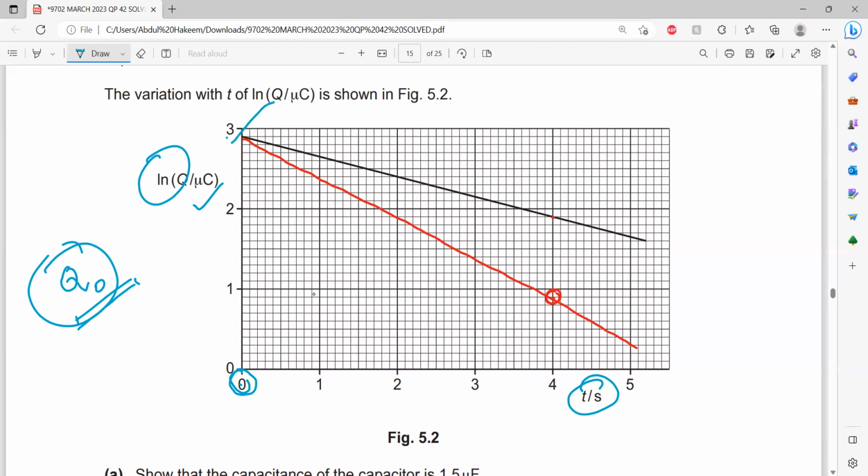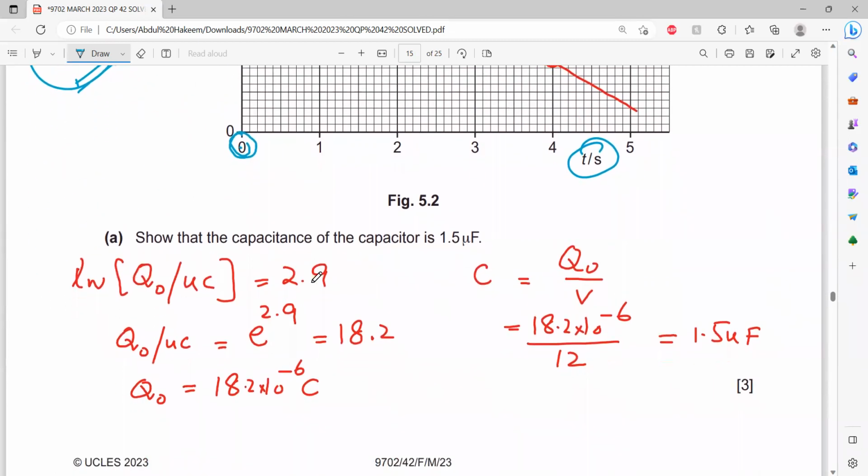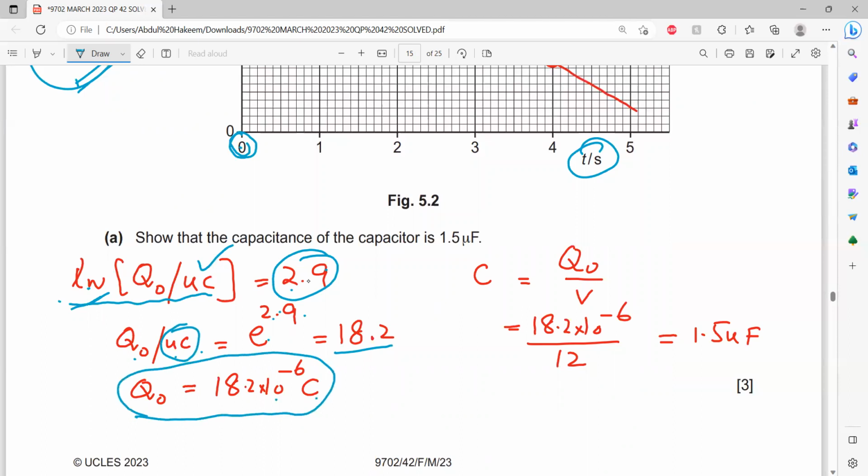This is the full charge value, but it is in terms of ln. So ln Q naught, in microcoulomb, is 2.9. When we shift this ln over, Q naught in microcoulomb is e power 2.9, and e power 2.9 is 18.2, but the value is with micro. So the initial charge is 18.2 times 10 power minus 6.